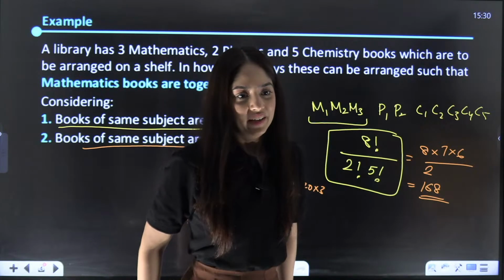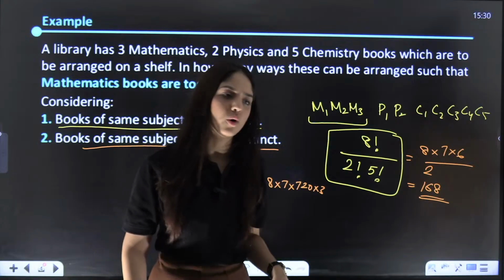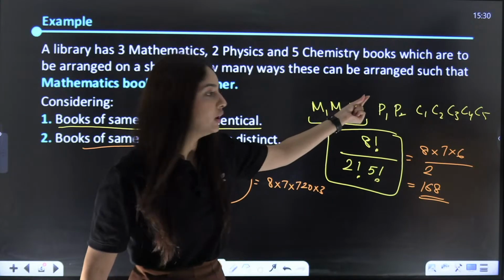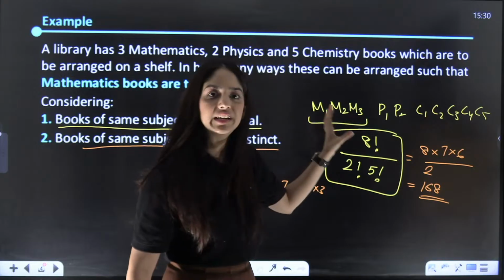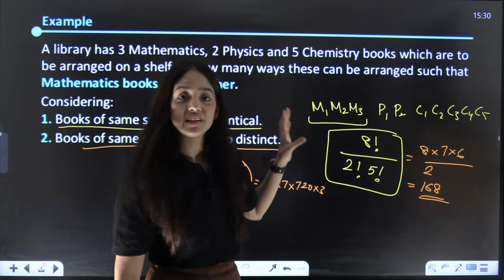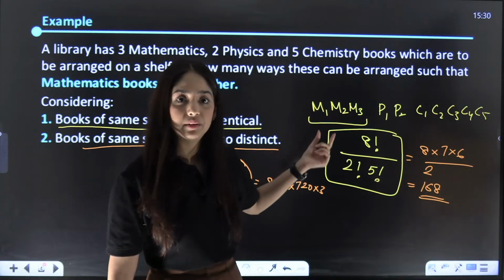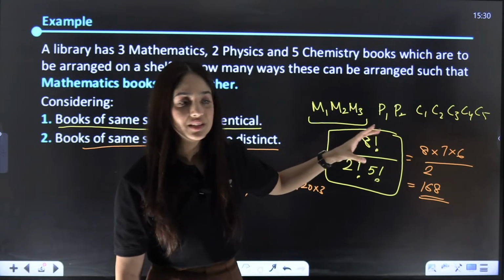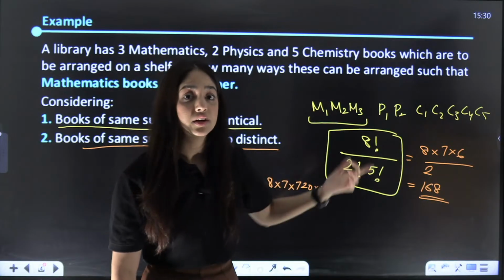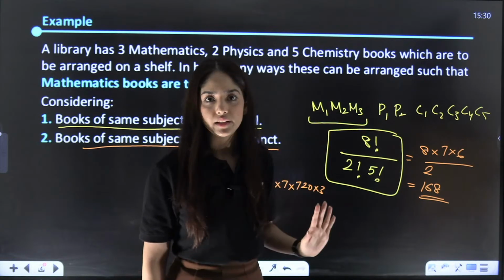So why did we multiply with 3 factorial? Just like before, we arranged all these 1, 2, 3, 4, 5, 6, 7 and this one unit, 8. But that doesn't guarantee that we get all the arrangements. We can also have M2, M1, M3, or M3, M1, M2. So for each arrangement of these 8 things, we can have 6 arrangements within the unit.